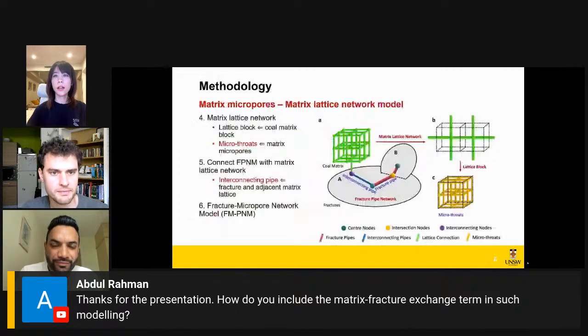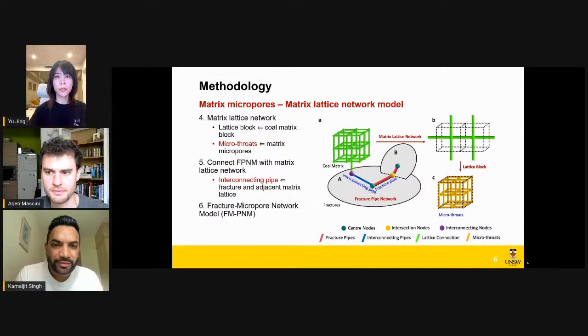As you can see, the fracture model is connected with the core matrix model via the interconnecting pipe, which is the blue one. This pipe is for mass transfer, connecting these two simulations.